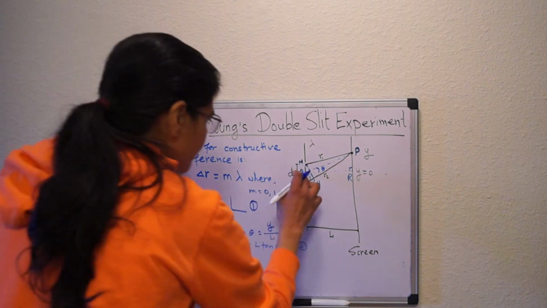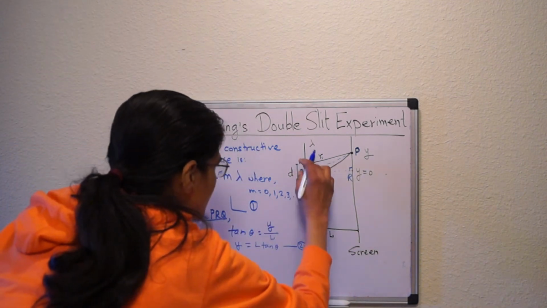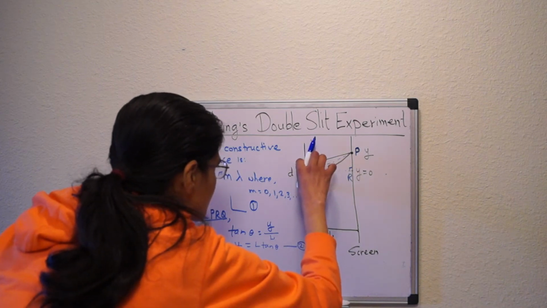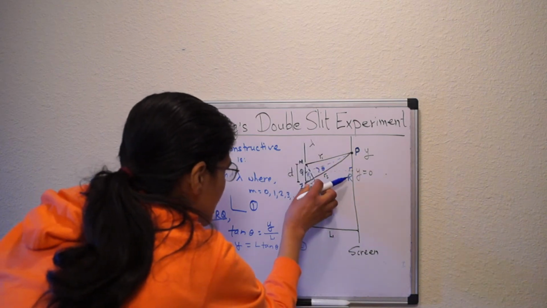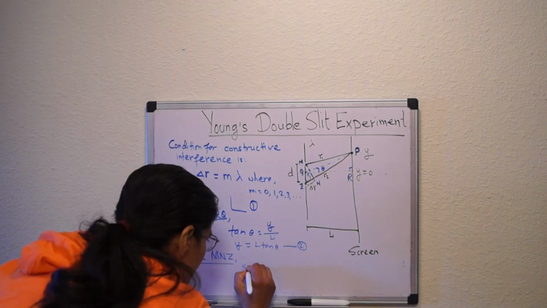Now the information we have in this triangle is this hypotenuse, which is D, and this base, which is delta R. So we can use trigonometry here.